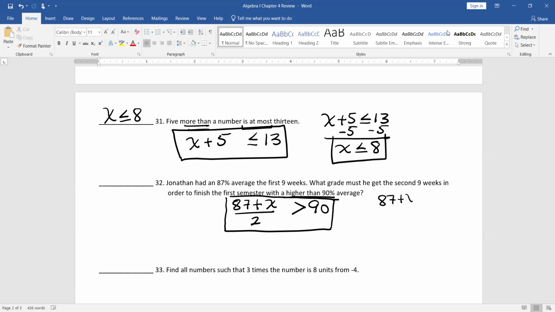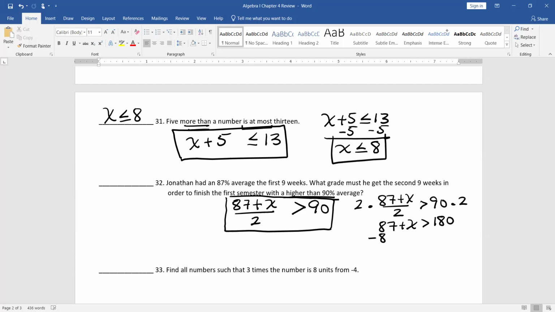87 plus X divided by 2 greater than 90. So again, if you've got an expression in your numerator or denominator, you treat those like a grouping symbol, and we undo grouping symbols last because we do reverse order of operations. So we've got to multiply both sides by 2 first. So now we have 87 plus X is greater than 180.